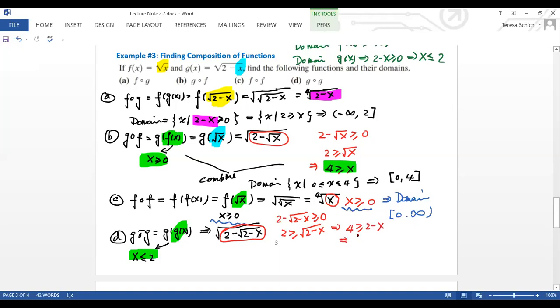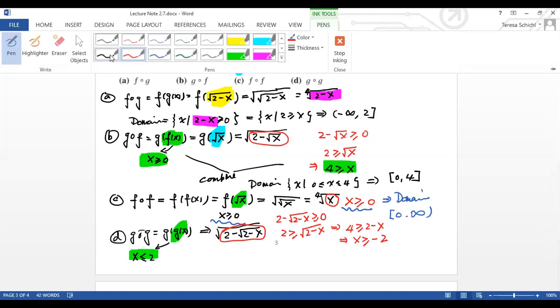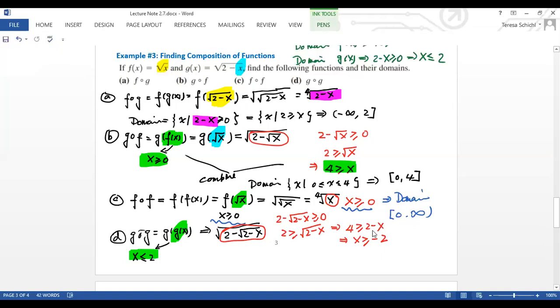If you simplify that, x has to be greater than or equal to negative 2. If you don't know how to solve the inequality, you can move the x over: add x to both sides, so x plus 4 is greater than or equal to 2, then subtract 4, and you get x greater than or equal to negative 2.